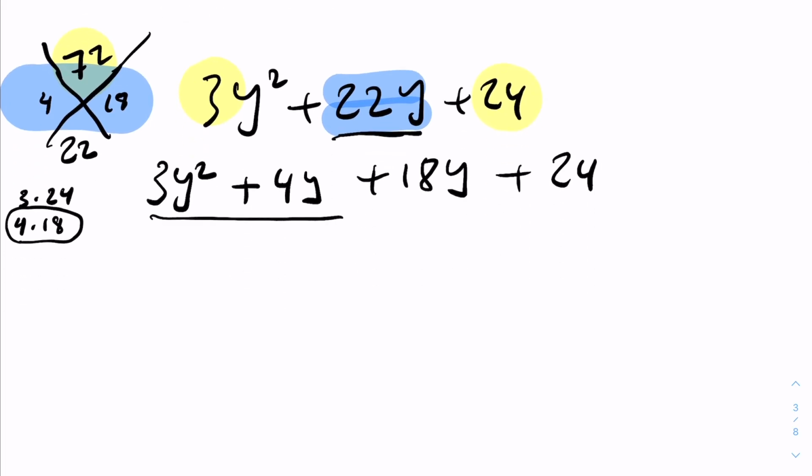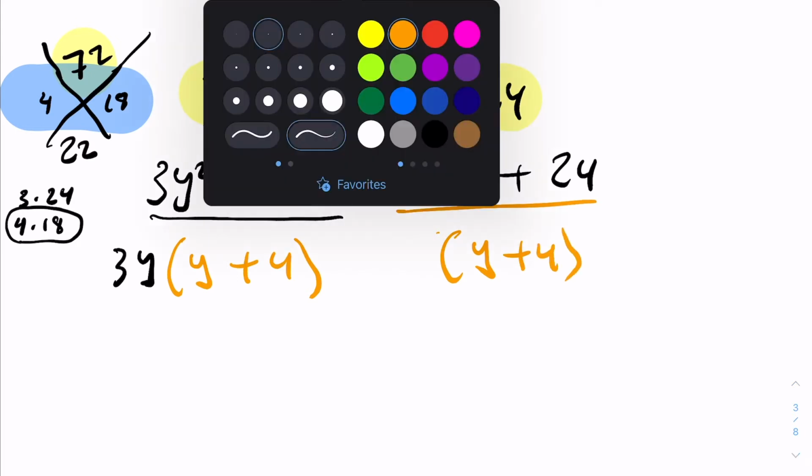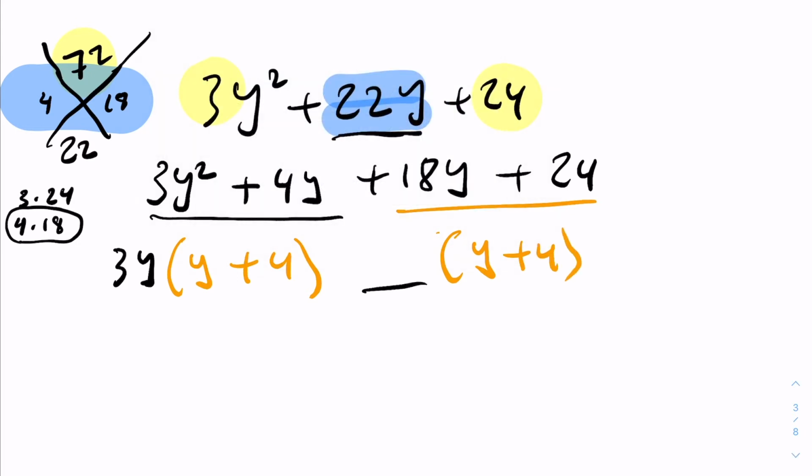We take a look at the first two. Now we factor by grouping. 3y factors out, leaving us with y plus 4. Now for grouping to work on the next two, we have to have a group of y plus 4. So I'm going to write that down and then check and see if I can make that happen. I'm going to factor out an 18. Let's see, 18.